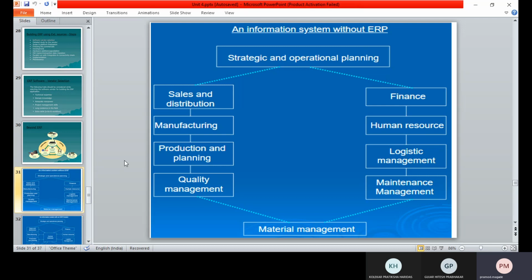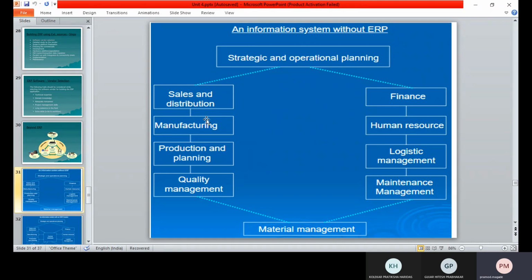So here also I have mentioned a few slides which I like to involve in this ERP. So ERP is totally, you can see, operational planning and material management. In between that, what are the points that are important while learning this ERP? First thing you can see, the sales distribution, it is related with the operational management.